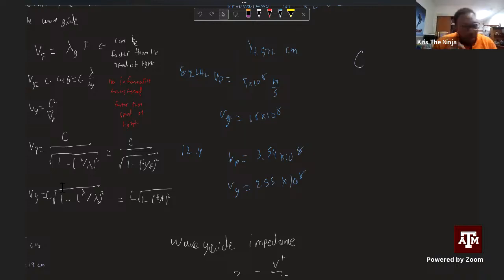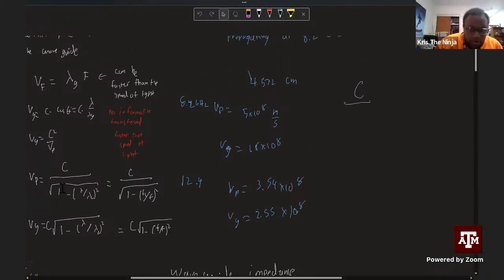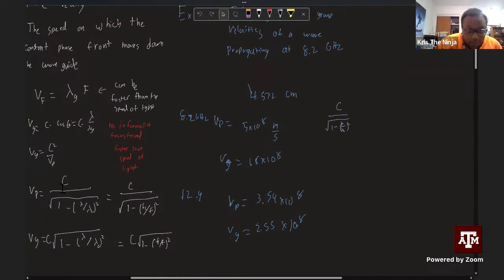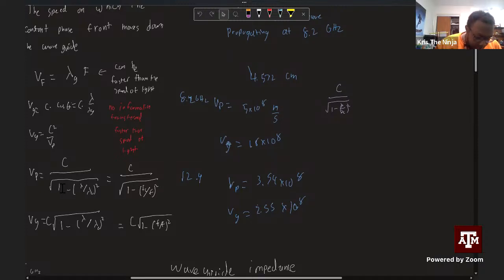So we know what the cutoff lambda is for this WR190 waveguide. We know what that cutoff is because we've been using it. I forgot what it was, but 45.6 centimeters.